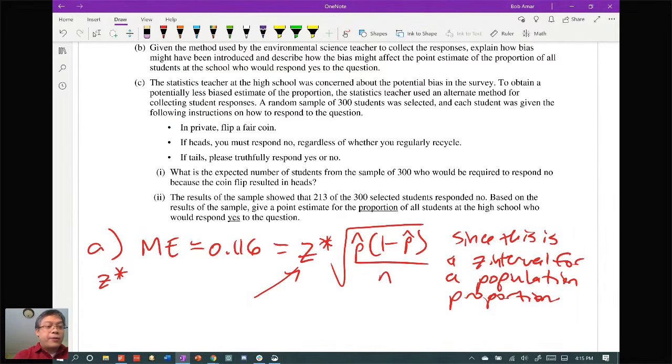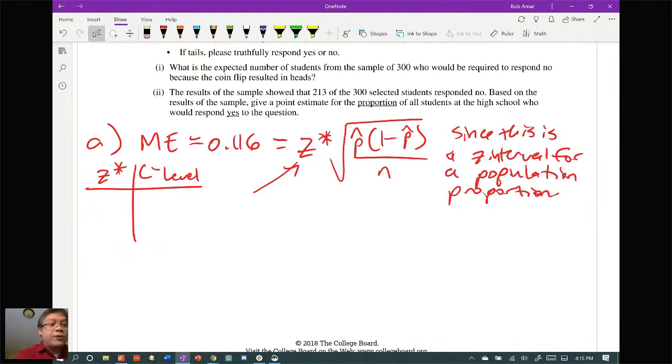Let me write down some of them by confidence level. These can be found using inverse norm if you're not sure about it. So the z star for a 95% confidence level is 1.96.